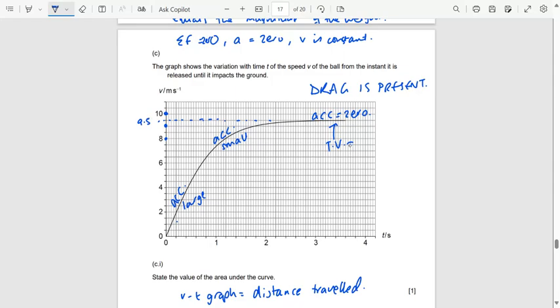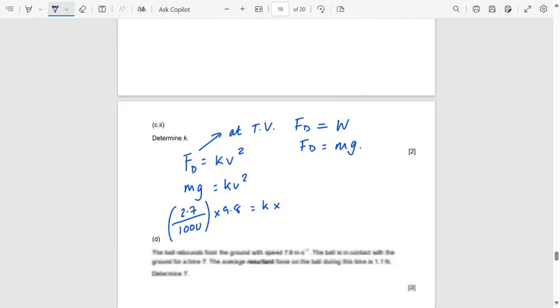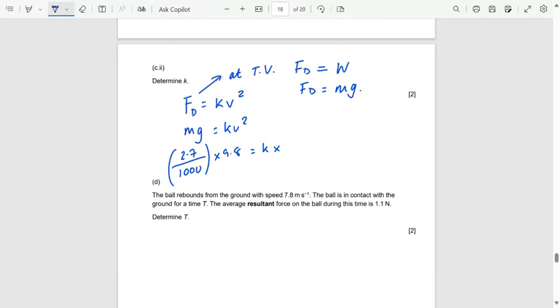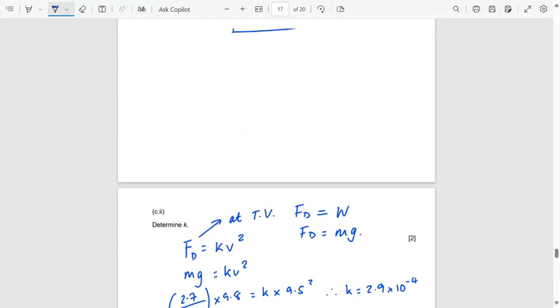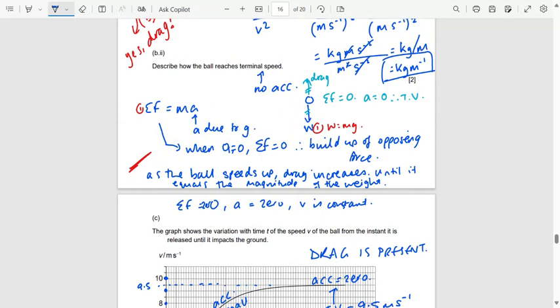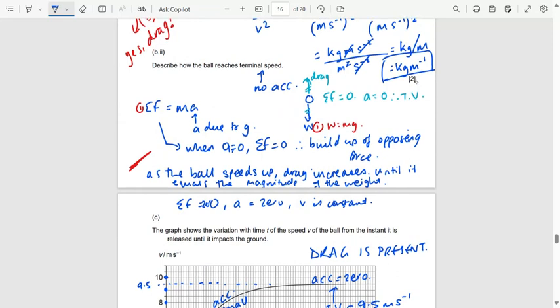That value is 9.5 meters per second. Take your time when you're reading graphs. They won't necessarily be an easy scale. So I'm going to say 9.5 squared. Therefore, if I rearrange for k, I get 2.9 times 10 to the minus 4. And what was the unit? Kilogram per meter.